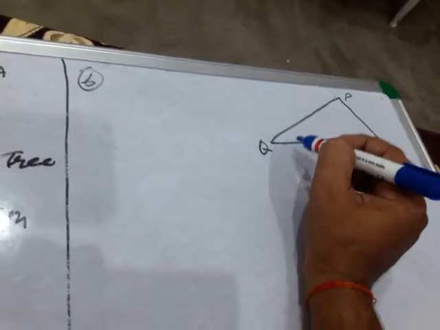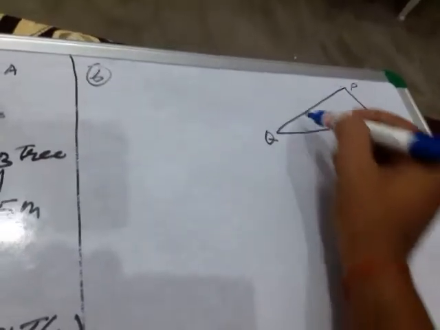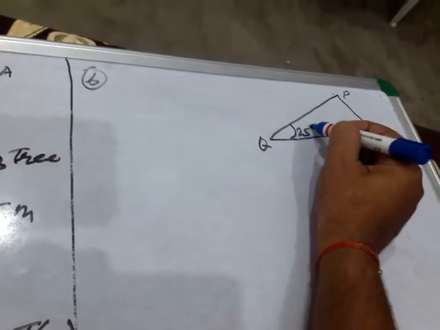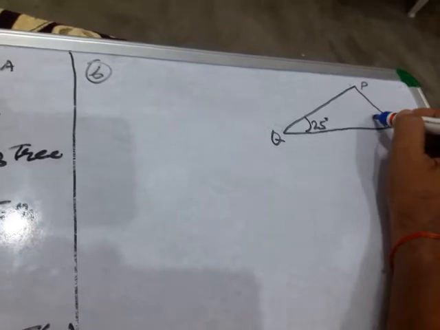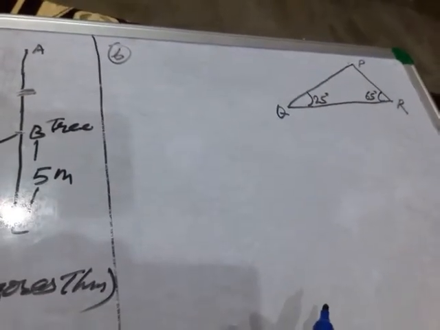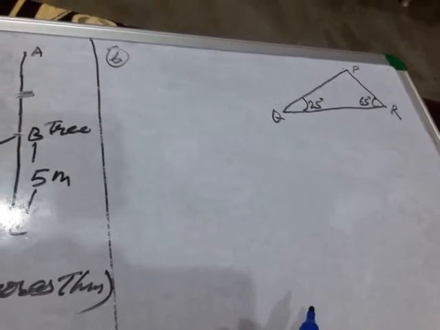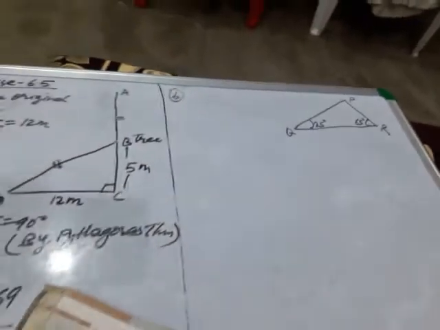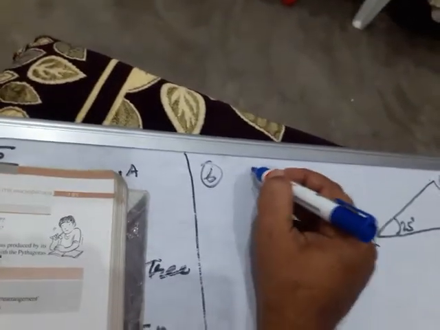This is P, Q and R. This angle Q is given to be 25 degree, and this angle R is given to be 65 degree. Angle Q and R of triangle PQR are 25 degree and 65 degree. Write which of the following is true. Then you have to find out the relationship. Children, start the solution. Give what is given.